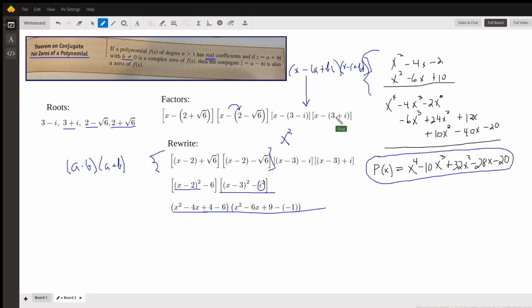There's a formula. It's x squared minus 2ax plus a squared plus b squared, something like that. I might have got that wrong, but I just like to do it this way. I can't ever remember the formula.